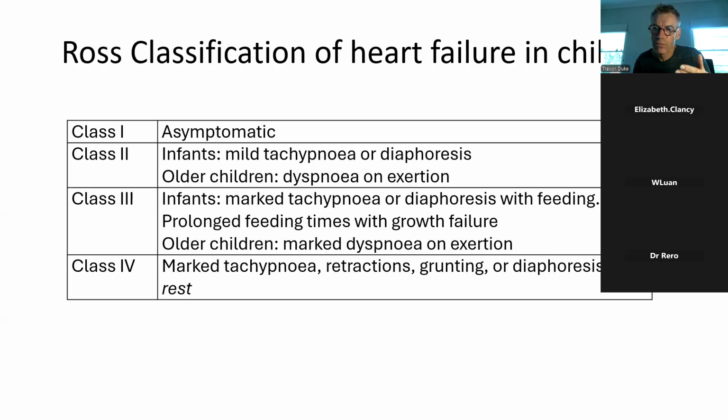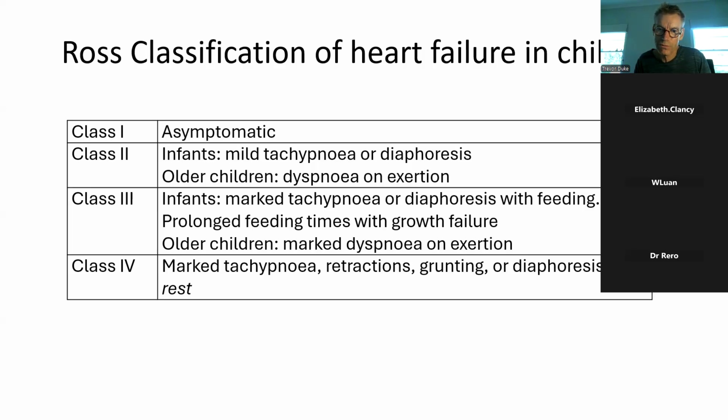And older children have shortness of breath on exertion. Class 3 in infants, they've got more marked tachypnea with more severe sweating on feeding, and typically growth failure. You'll know that heart failure leads to failure to thrive typically, and in older children, they often have more marked dyspnea on exertion.